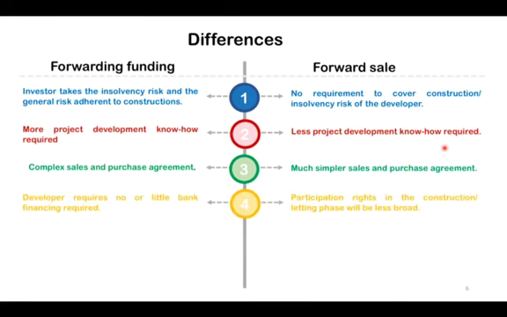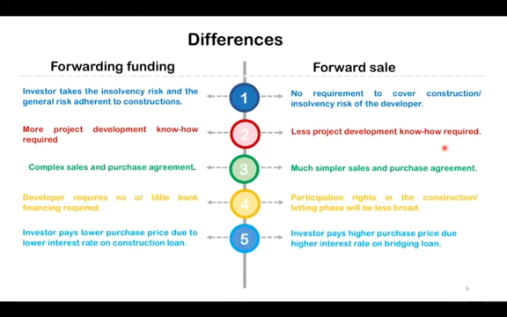The fourth difference you would observe is that developers require actually no or little bank financing under a forward funding arrangement, since the investor is providing the funding in installments depending on the progress made on the development activity. However, in a forward sale situation, the developer would have to find his own money to be able to construct the project, which will then be purchased by the investor.